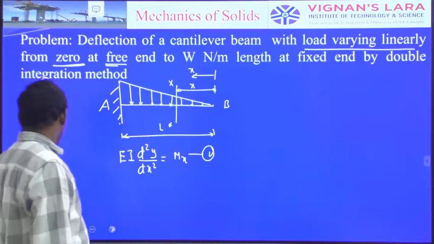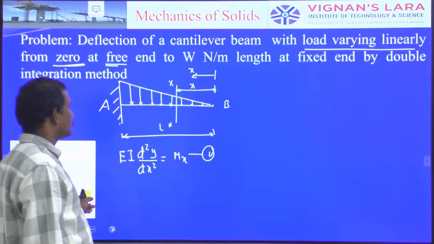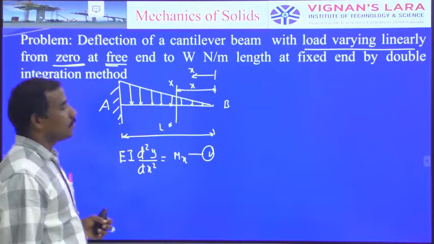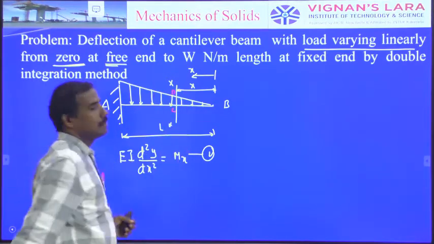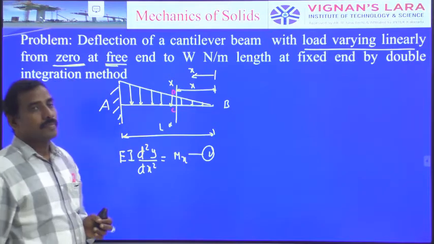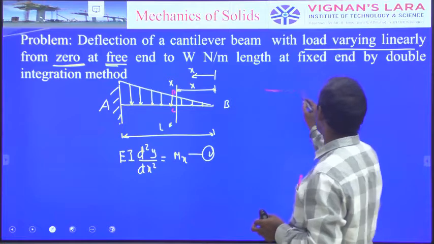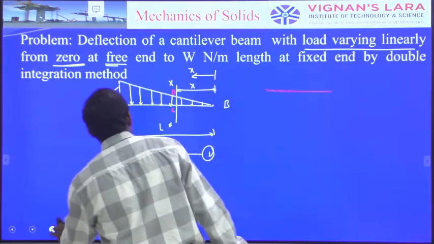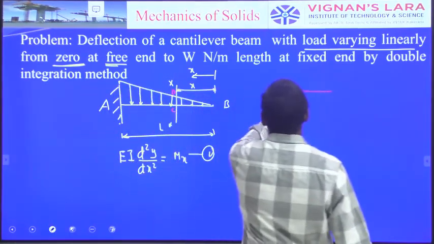While calculating the bending moment at a section XX with the varying load, I would like to redraw a particular portion between the section XX and B for our convenience.